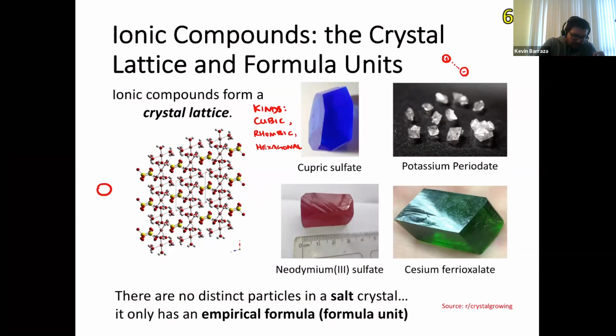Because if you imagine that a positive ion is trapped between all of these negative ions, I know that one positive might want to attract one negative, but which one of these would I call the partner of this positive ion? Because they all look the same, it's impossible to say that there's a molecule of one plus with one minus.